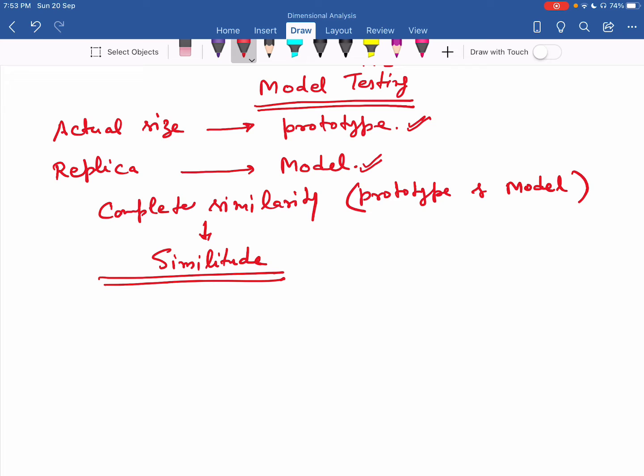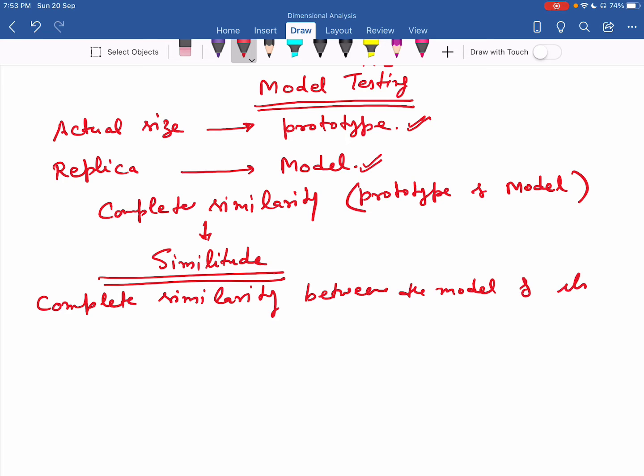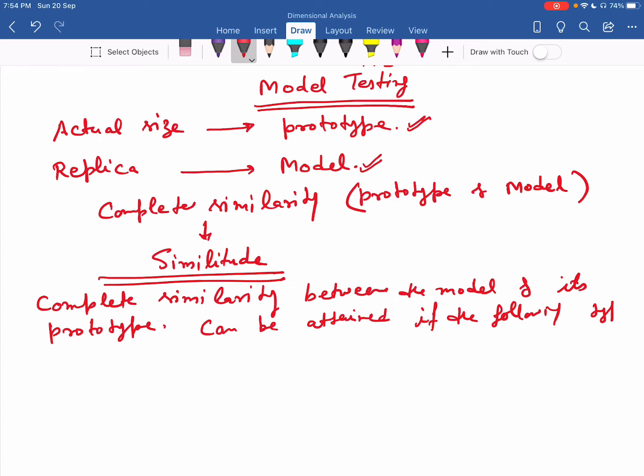Now, we define similitude as the complete similarity between the model and its prototype. This complete similarity can be attained if the following types of similarities are established.